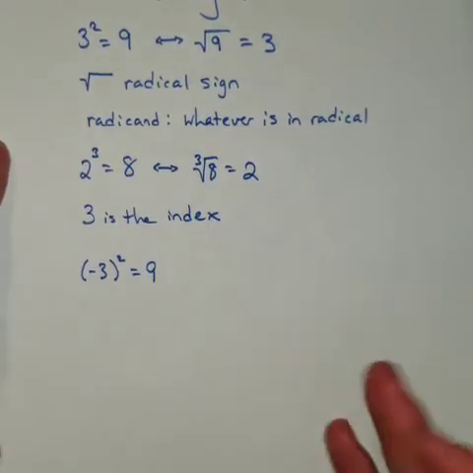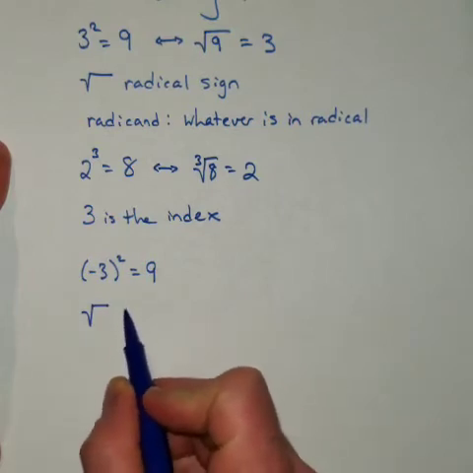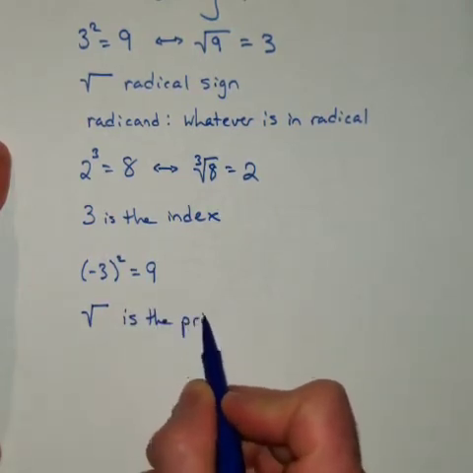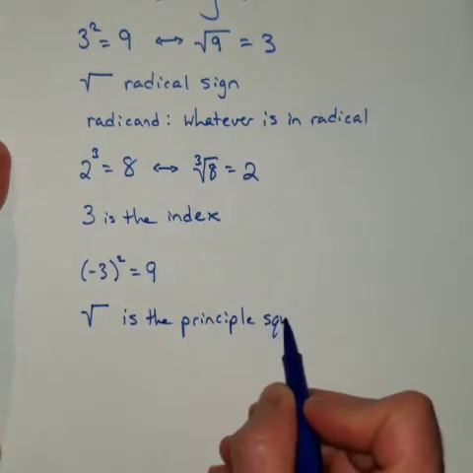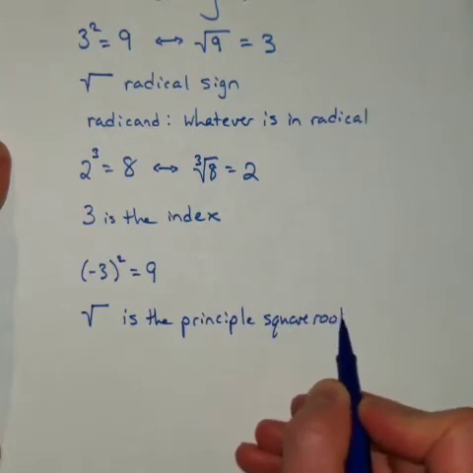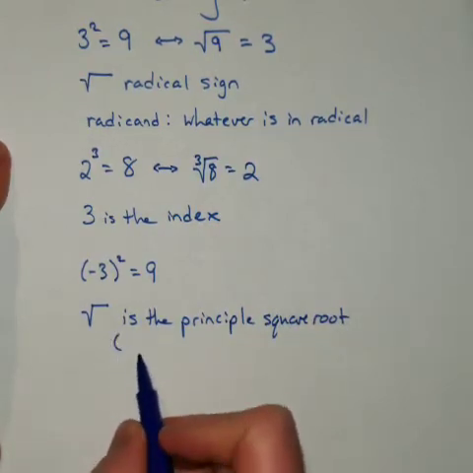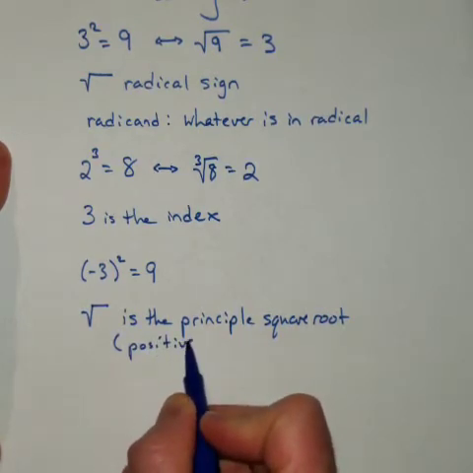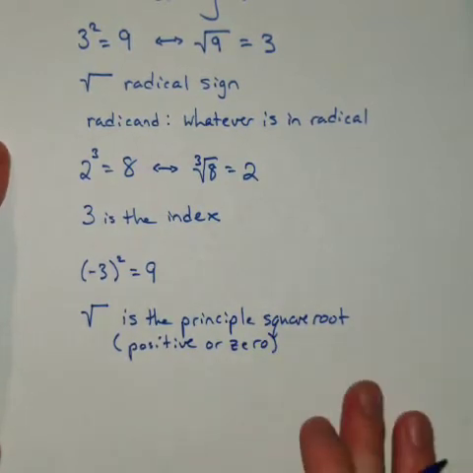Okay, and that's going to basically be the positive one. So that radical sign is the principal square root. Basically what that means is that it's a positive number or 0. It could be 0 if we're taking the square root of 0.